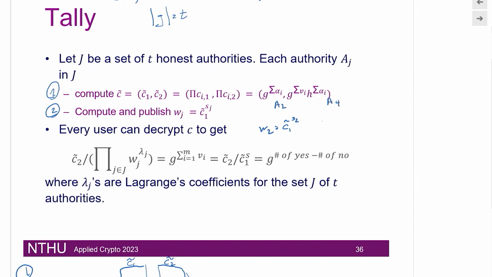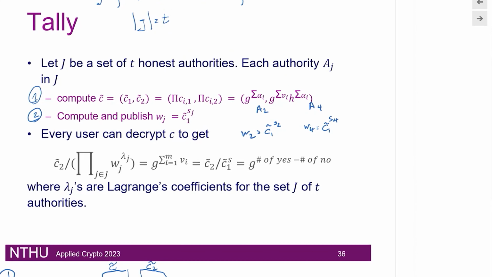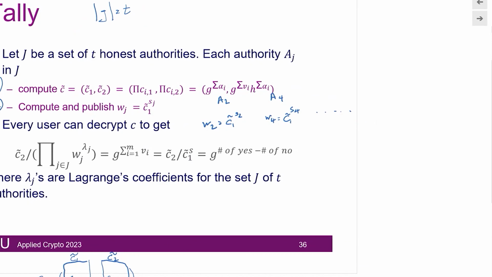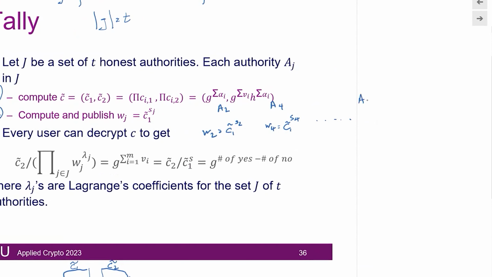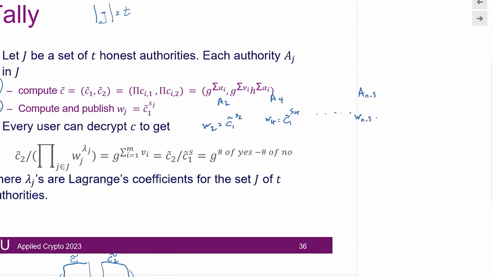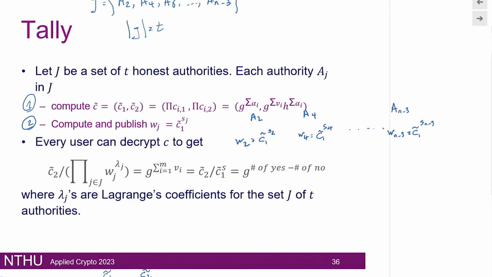A4 would publish W4 equals C1 tilde to the power S4, and so on and so forth. A_{n-3} would publish W_{n-3}, which is C1 tilde to the power S_{n-3}. Of course, everybody else would also publish, but we said that we suppose that these are the set of our honest users, so we are only looking into their computation. So this is number 1 and number 2 done.